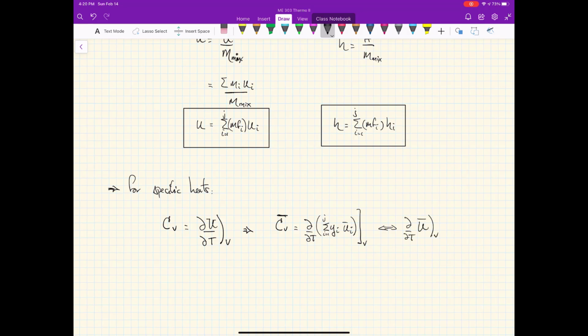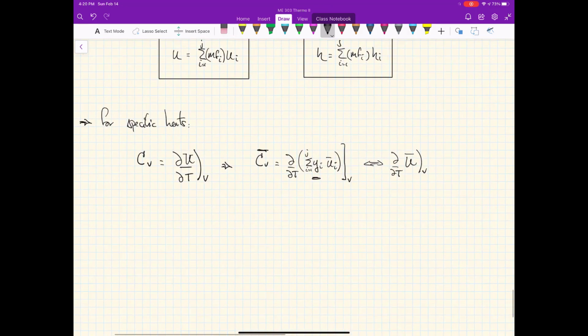We're going to have a specific heat, which is going to be in joules per kmol Kelvin, equal to the rate of change of molar internal energy for the entire mixture with respect to temperature at constant volume.